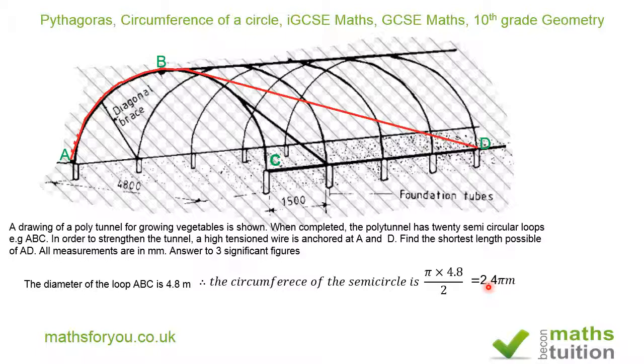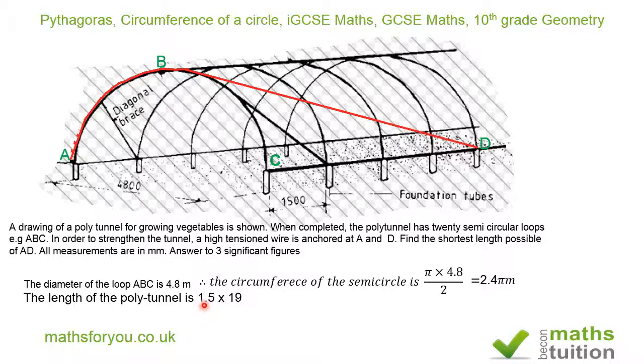Now, we want to find the length of the polytunnel. Because there are 20 loops, and there's a gap between 2 consecutive loops, in effect there will be only 19 gaps available.